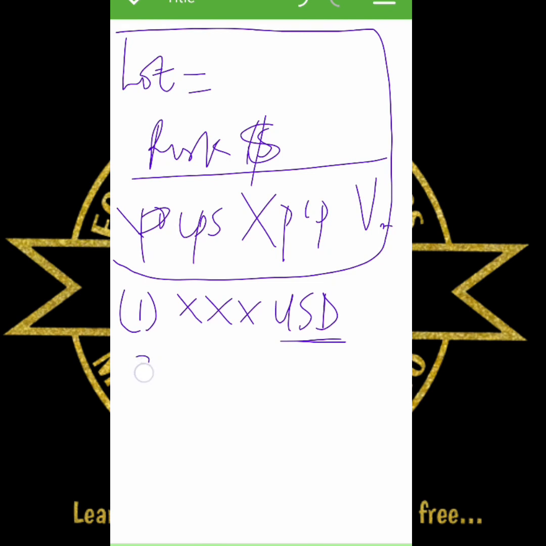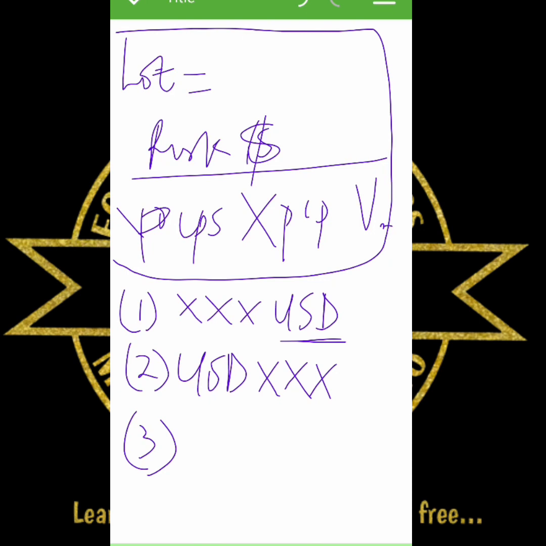So that is the first category I'll be looking at. Then the second category is currencies where the base currency is USD, like USD CAD, USD JPY, USD CHF, and stuff like that. The third category is currencies that are not quoted in USD and do not have USD as the base currency.